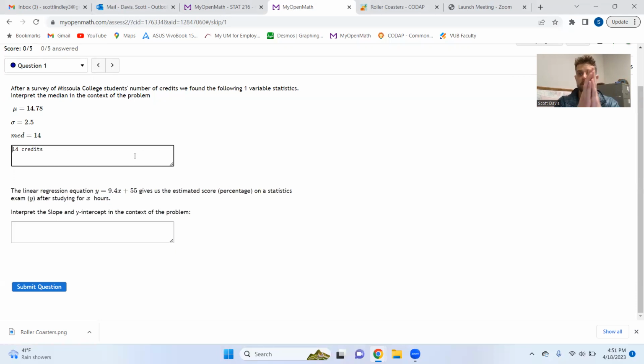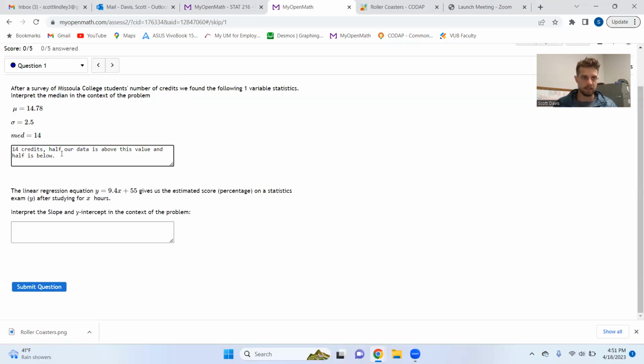And the median is a value at which 50% of our data is below and 50% of our data is above. So the next level is to include that piece where we would say 14 credits, half of our data is above this value and half is below.